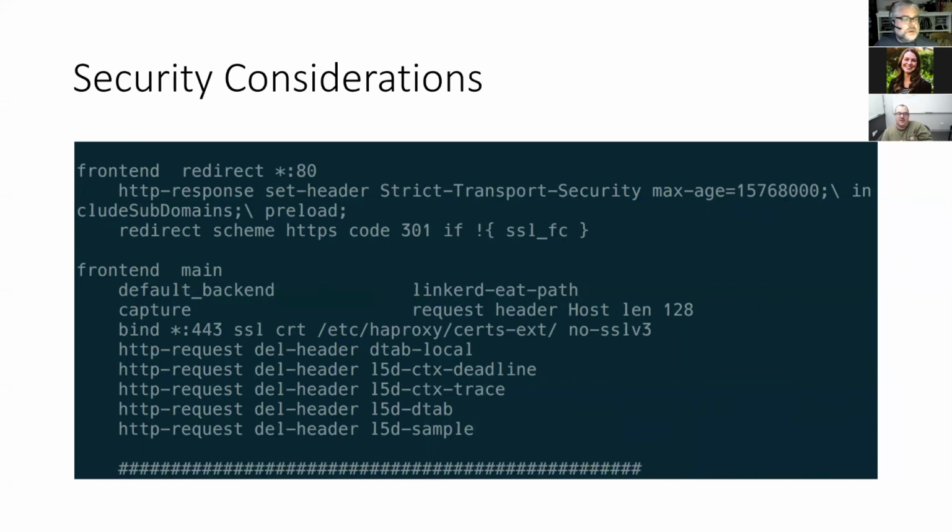So there's the context deadline, where if a request is taking too long, you can set a deadline and it will end the request. Or you can have the context trace, where you're actually tracing it, forcing a trace. Or, if you're making a request through Linkerd to another service and you've already initiated a trace upstream, you can pass that through. You can also put delegation tab snippets, so you can change your routing on the fly. And you can also force sampling of a request.